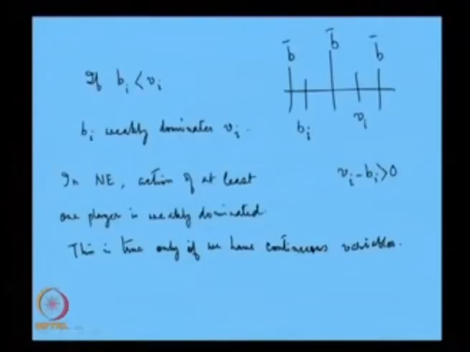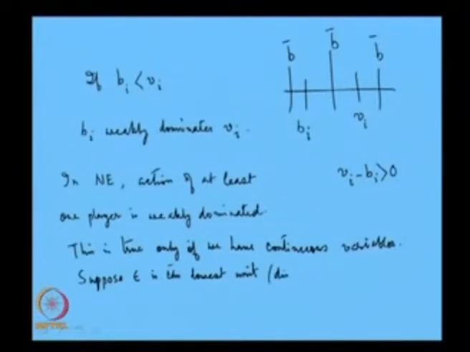I can give you an example in the following sense: suppose epsilon is the lowest discrete unit, and in that case, what is one example of a Nash equilibrium? I can take the following Nash equilibrium.